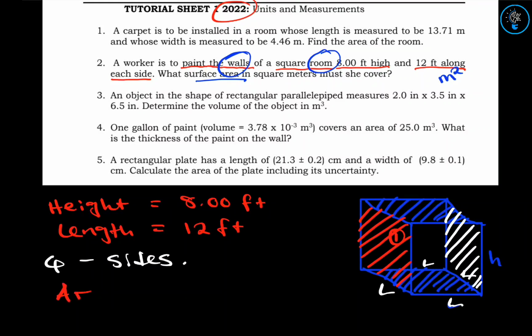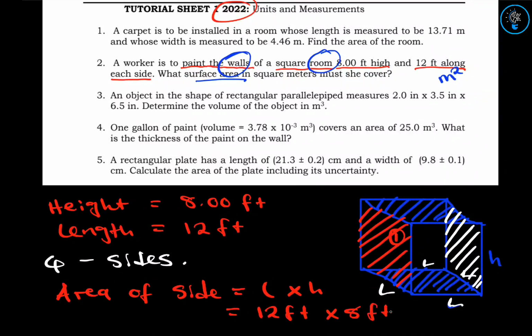So we are saying the area of the wall of one side will be equal to, we know that area is L times H in this case. So our L, we are given that it's 12 feet, multiplied by the height, which we are given is 8 feet.